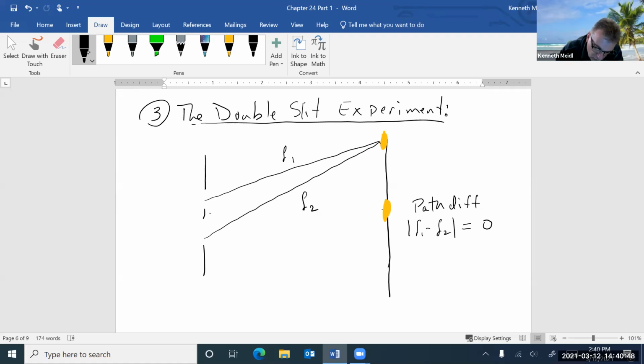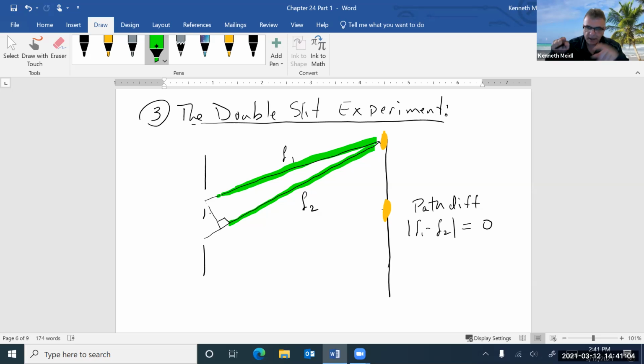If I were to drop a straight line down right here, and create a right angle here, then this piece right here and that piece right there are the same length, essentially, right? So I've got these two pieces that are the same length.